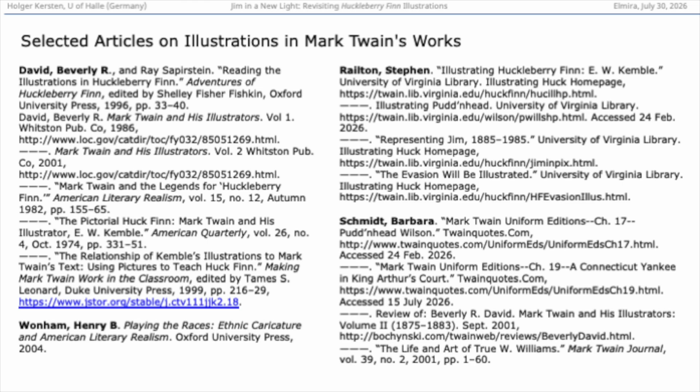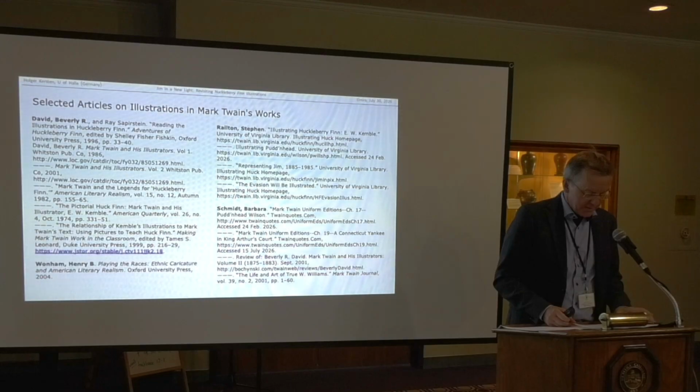Other scholars like Barbara Schmidt, Harry Wanham, Stephen Railton, and others, this is not a complete list, added new insights and demonstrated further that the images constitute an important element in understanding both the meaning and the reception of Mark Twain's works.